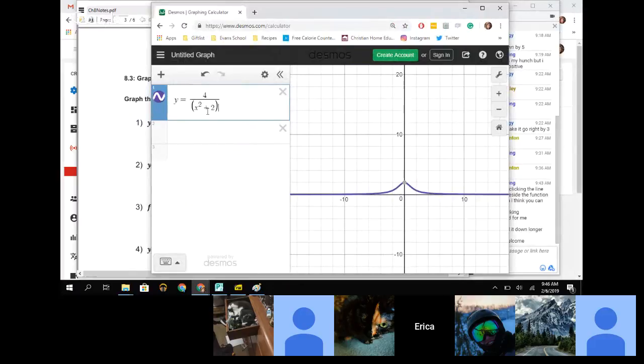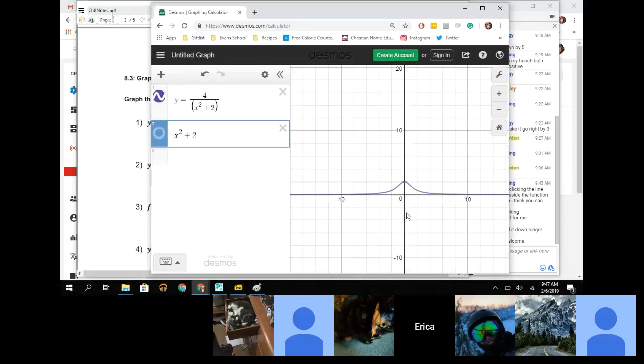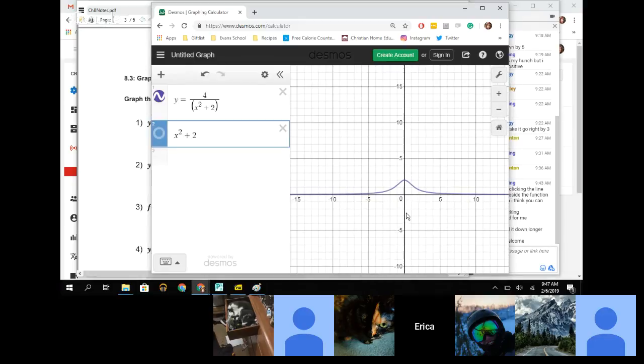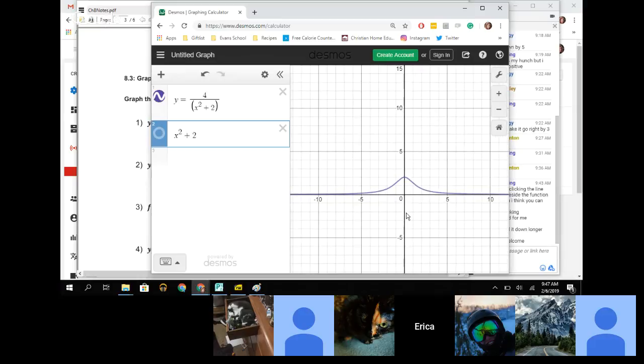It's a quadratic. If I just do x squared plus 2, you get your nice quadratic equation. But we're dividing by a quadratic, so look what it did to our graph. You can get some pretty cool graphs by dividing by quadratics. Pretty neat looking, right?